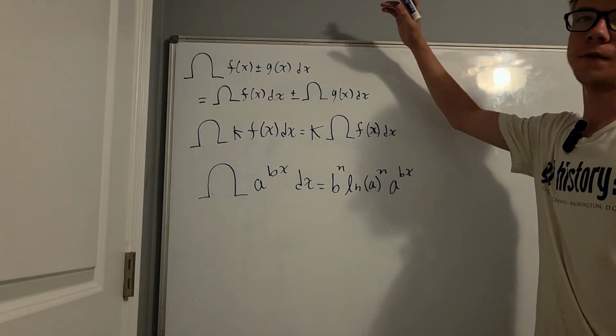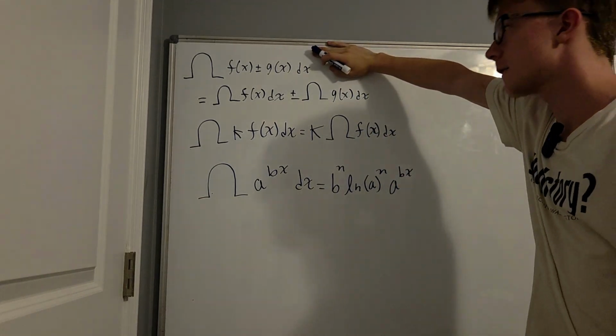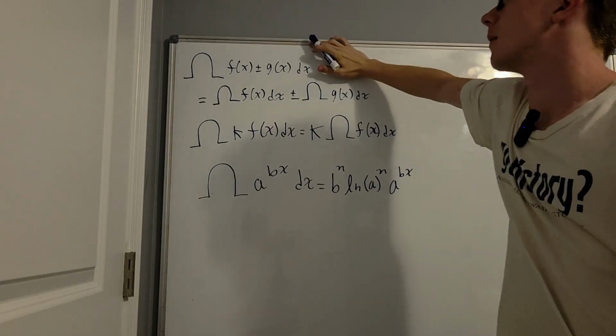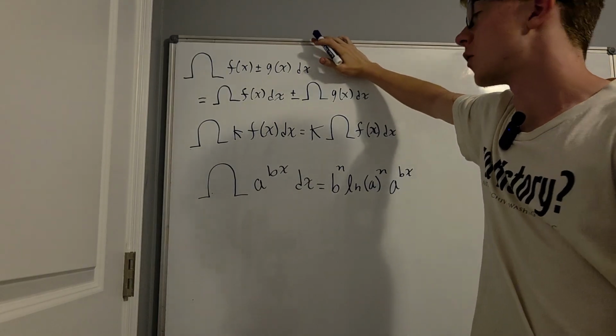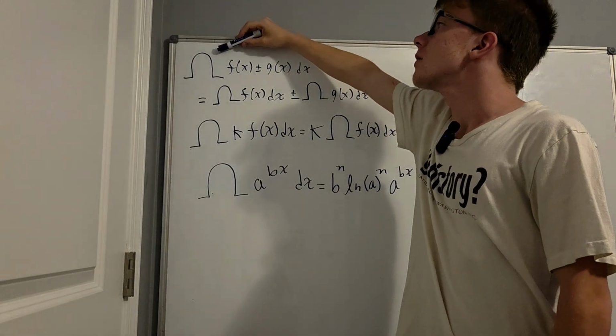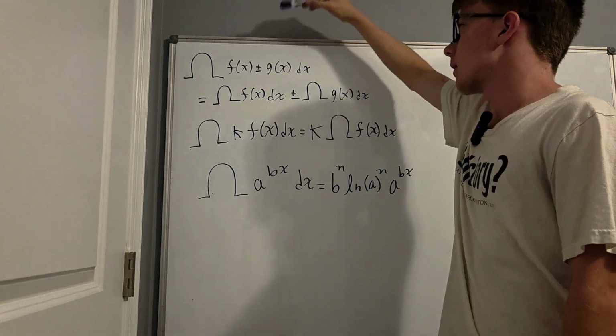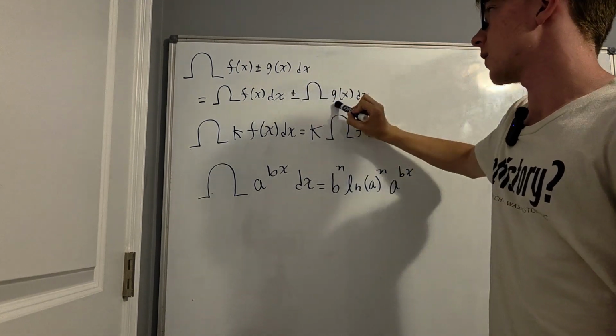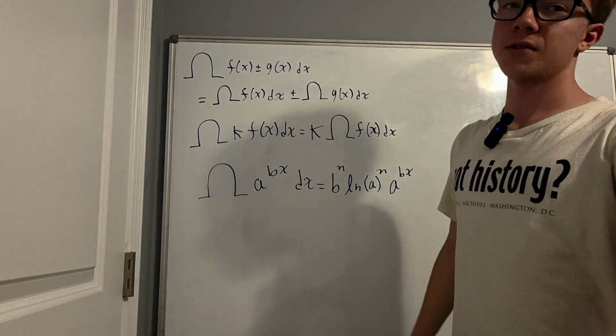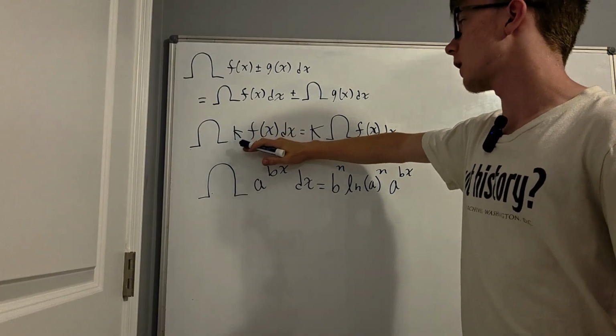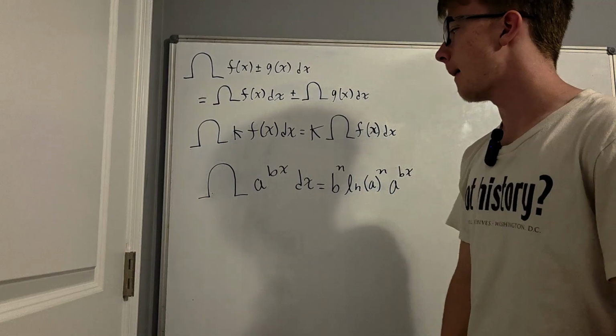So here there's a few general rules where we have a sum or difference. Obviously, because integrals and derivatives both do this, when you have the nth derivative of f of x plus or minus g of x with respect to x, it's going to separate those into two separate ones. Also, if we have a constant coefficient right here, it just comes outside of the term.